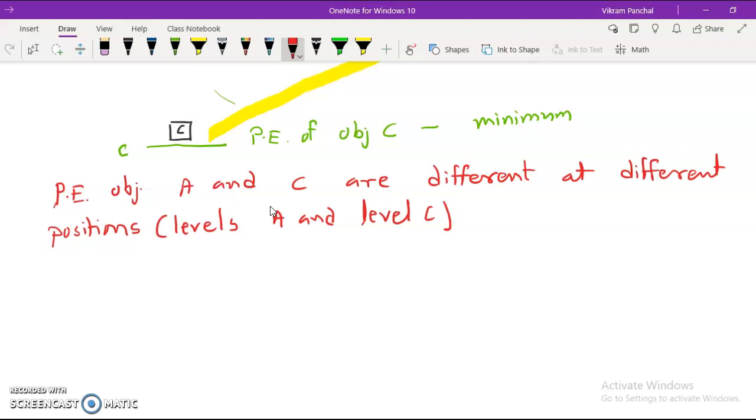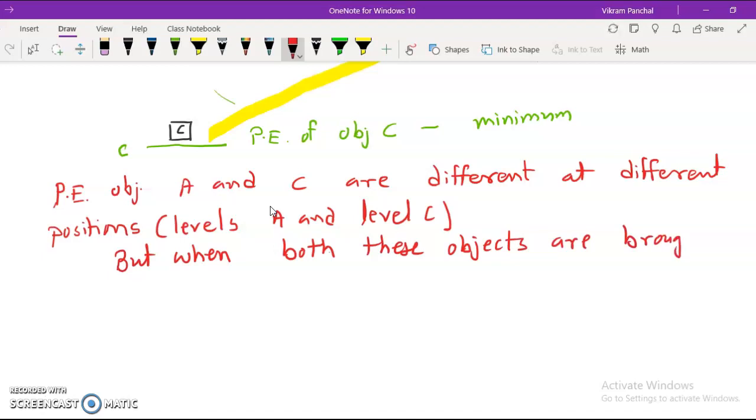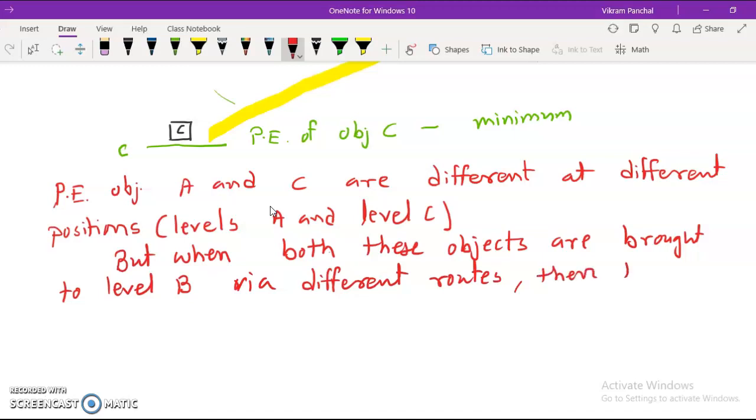But when both these objects are brought to level B via different routes, then their potential energy would be the same.